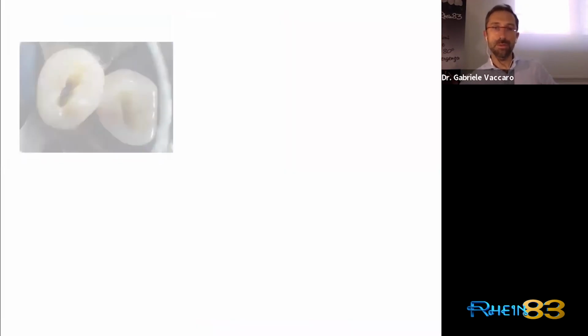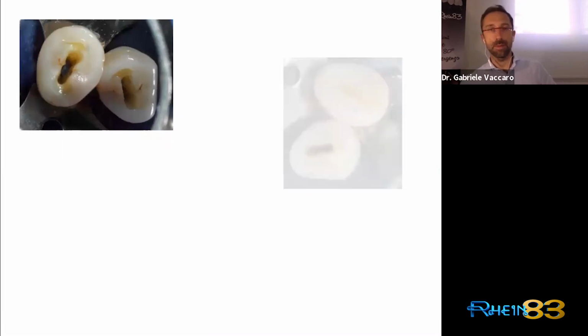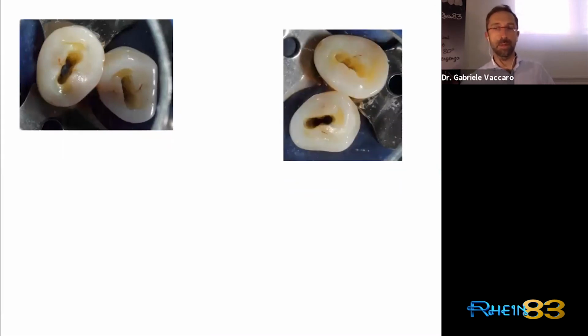We can, of course, do a lot of things. First of all, a proper root canal therapy, because otherwise, if we are not good in root canal therapy, we are losing time, because these teeth can develop infection, granuloma, periapical infection, and we are condemning this tooth to extraction in a few months or years.